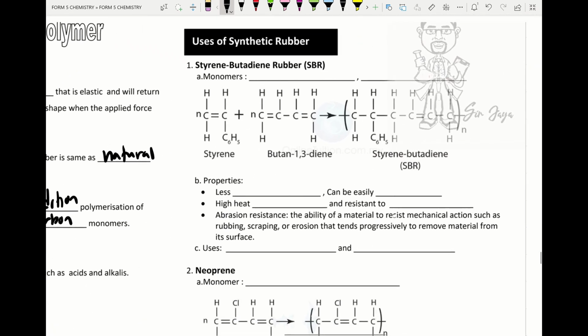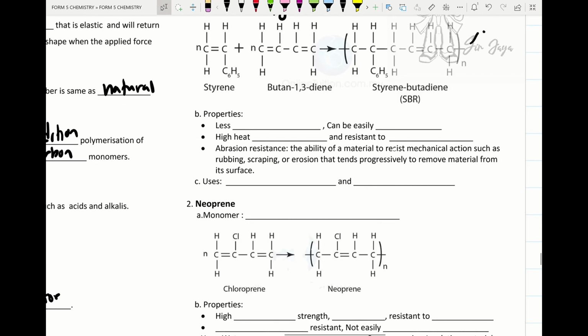All right, so we try to check the first synthetic rubber, known as styrene butadiene or SBR rubber. The monomers of styrene butadiene rubber are styrene and butadiene. The chemical equation is given, so we try to check the properties.